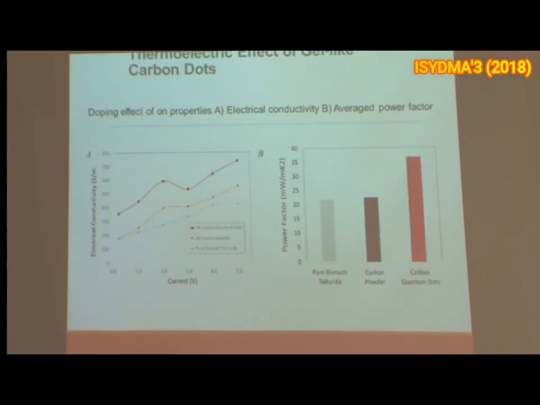And what we find out, as you can see on this slide, is that when we add 2% of our carbon dust and we look at the electrical conductivity, we have a huge increase. And if you look at the power efficiency, converting the heat to the electric current using 2% carbon dust, we have a 70% increase.